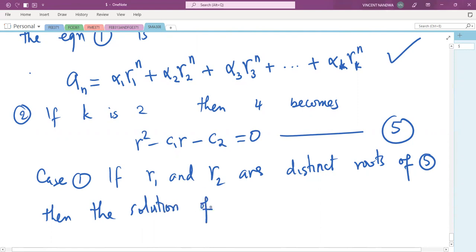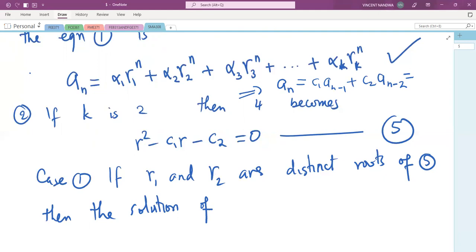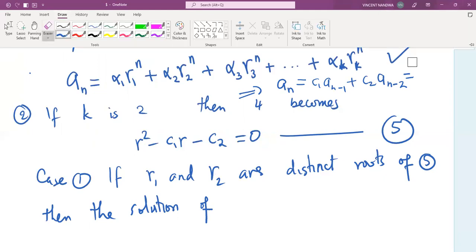Remember, if k is 2, equation 4 becomes this equation, and it's the same thing as saying the original equation was given by an equals c1 an minus 1 plus c2 an minus 2; that's the original equation from which the characteristic equation is obtained.